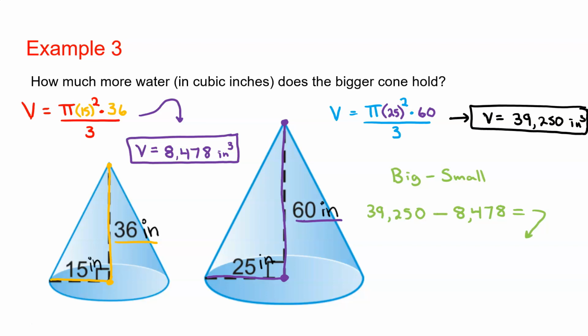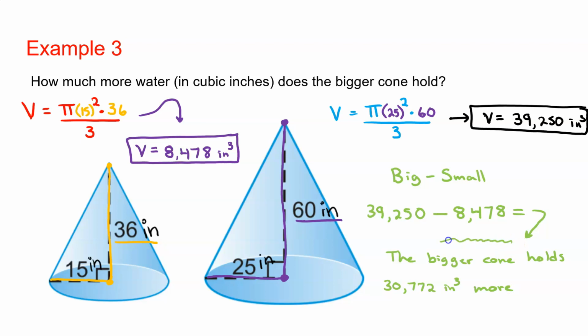And I get a total of, I'll write a sentence here: the bigger cone holds 30,772 cubic inches more, right? More water.